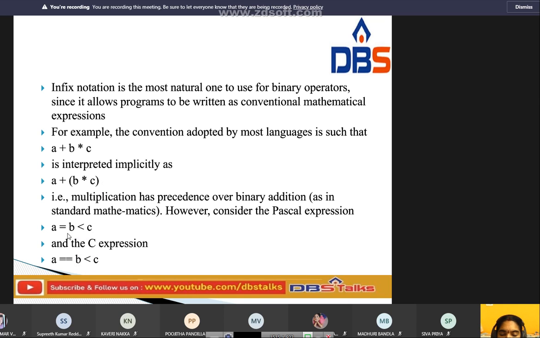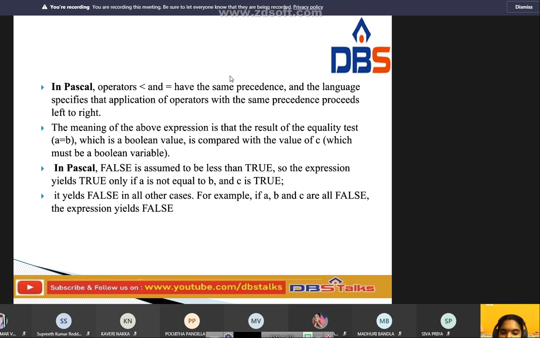You have to consider the Pascal expression a equal to b less than c, and the C expression a equal to b less than c.